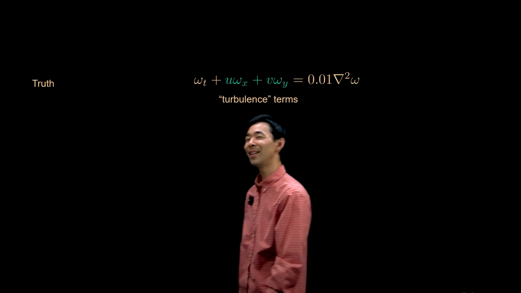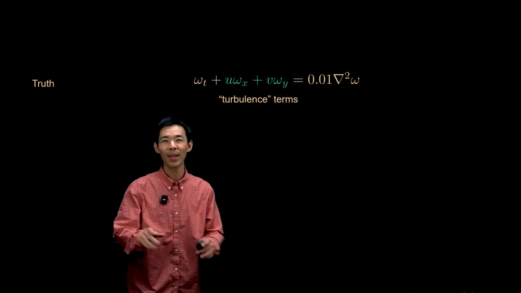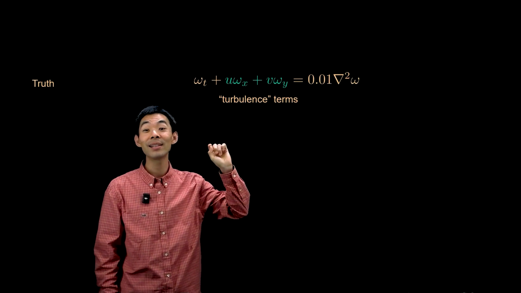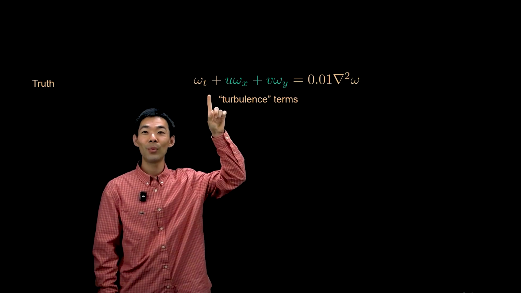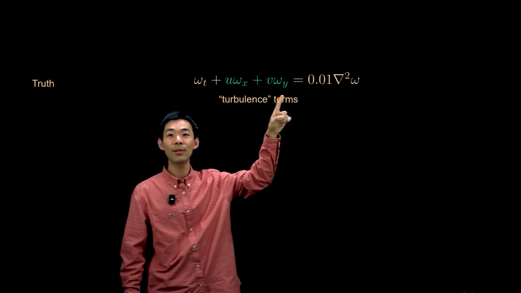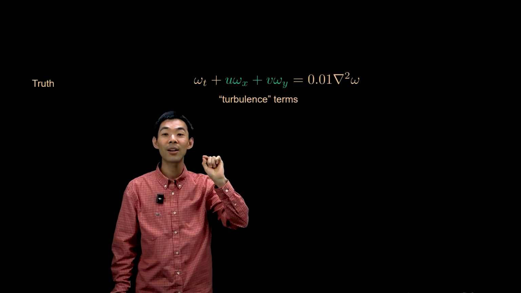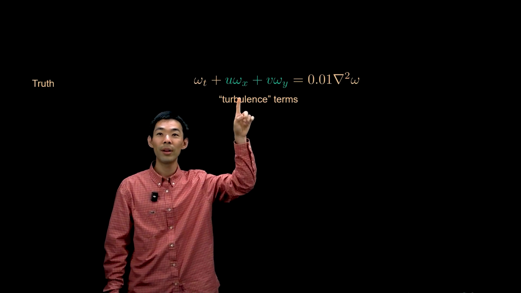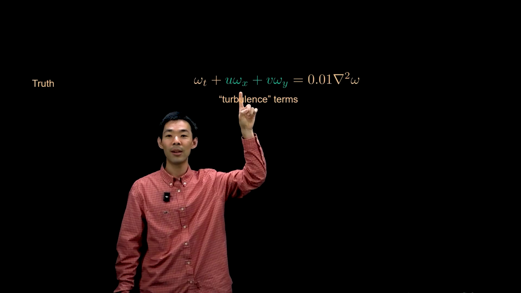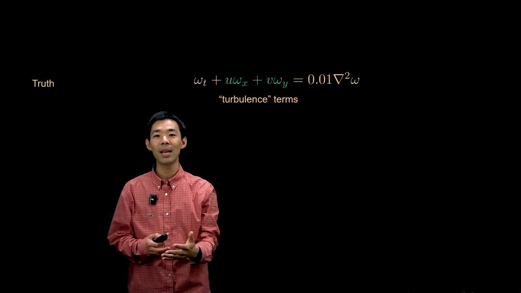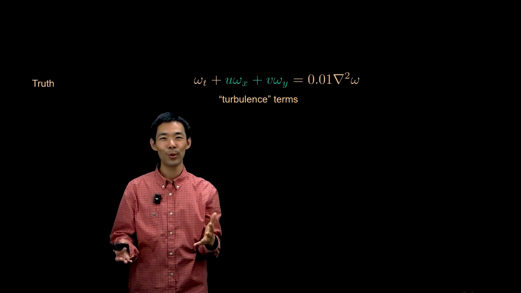So first, what I'm plotting here is the truth. This is the Navier-Stokes equations in the vorticity description. So we have partial omega partial t plus these two terms, which are the v dot grad v. These are your turbulence terms. When you take the curl, it turns into these terms right here. So this is the term that produces turbulence, chaos, nonlinear dynamics, all of the wonderful things in fluid mechanics.